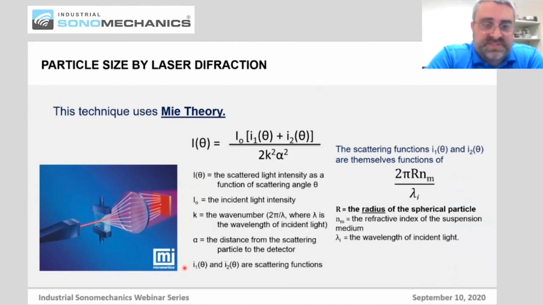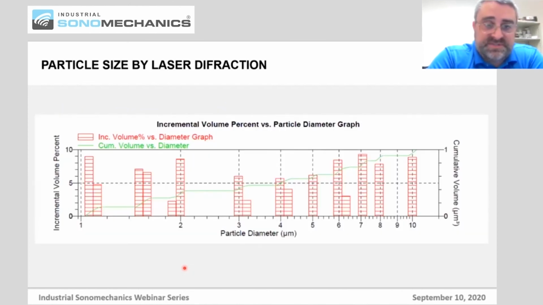Here's an example of some size data where I mixed different size latex materials. These are latex microspheres, 1 micron, 1.6 micron, 2 micron, 3 microns, all the way up to 10 microns. I mixed them all together, and you can see how you get a size distribution in one analysis.